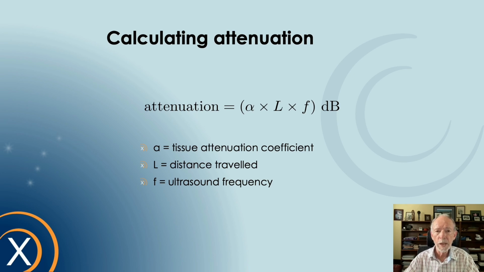So that's a property of the tissue. It's going to vary from one tissue to another. A typical average value for that in soft tissue is around 0.5 decibels per megahertz per centimeter. L is the distance traveled, and F is the ultrasound frequency. So you can see it's quite a simple equation, and if we weren't using decibels, it would be a far more complex equation.